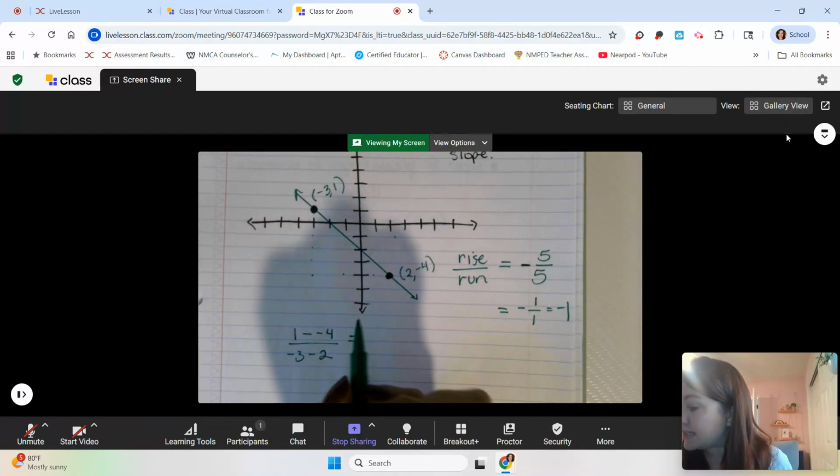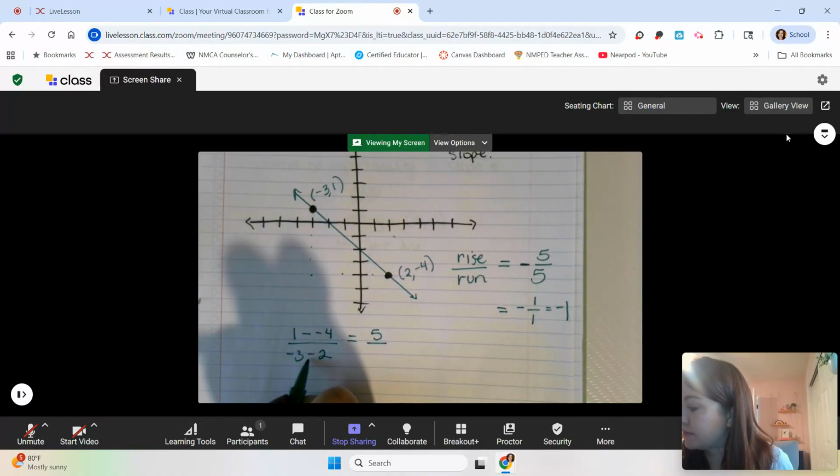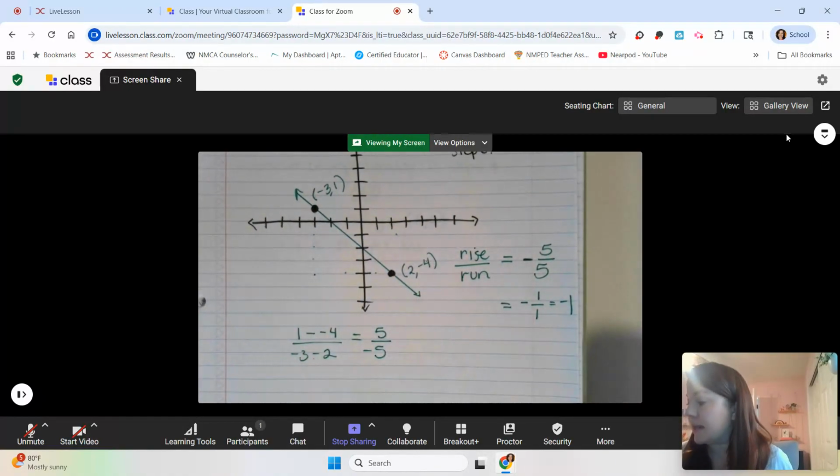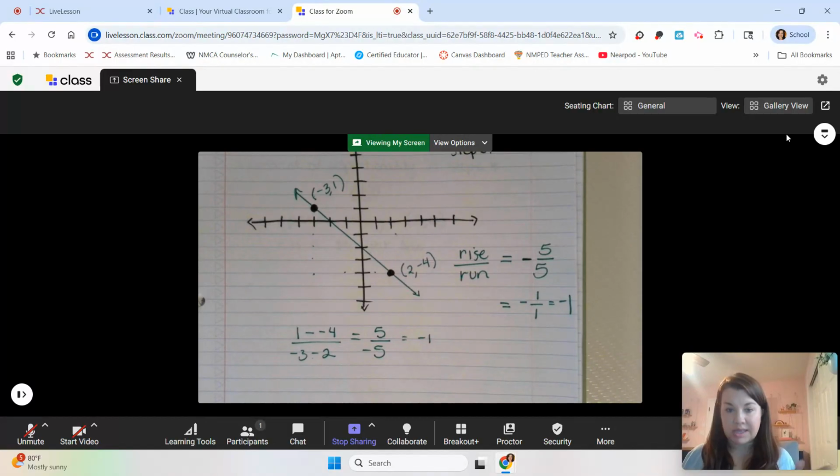Well, 1 minus -4 is +5, and then -3 minus 2 is -5. So there's that same slope. So either way that you do it, you're going to get that slope of -1, or in your lesson it might be listed as -1 over 1. Okay, so take a look for that, and if you need extra help, let me know.